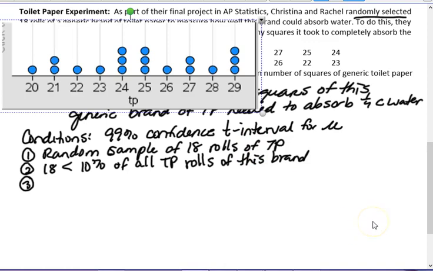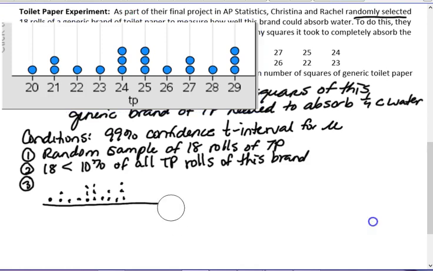Okay, so what I would do is just make a little dot plot and make the dots. 1, 1, 2, 1, 1, 1, 2, 3, 1, 2, 3, 1, 1, 2, 1, 1, 2, 3.